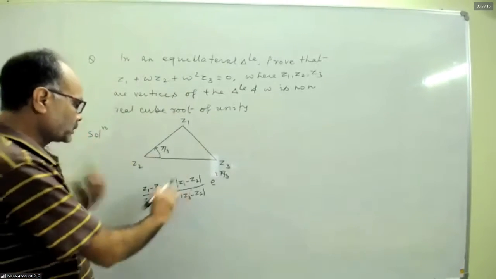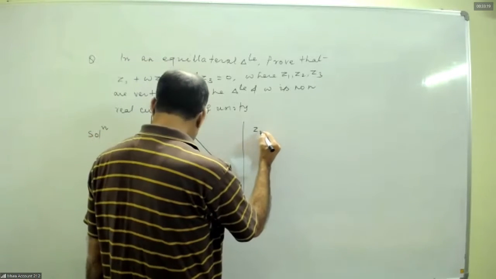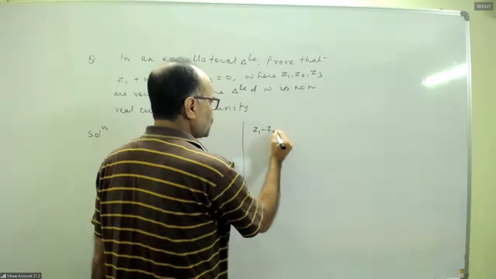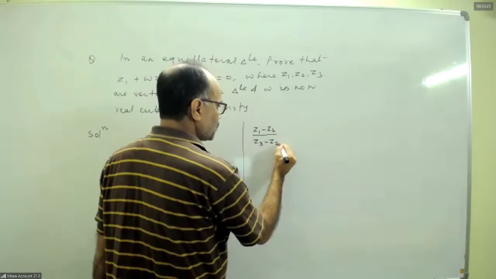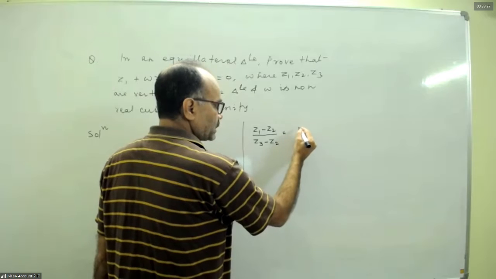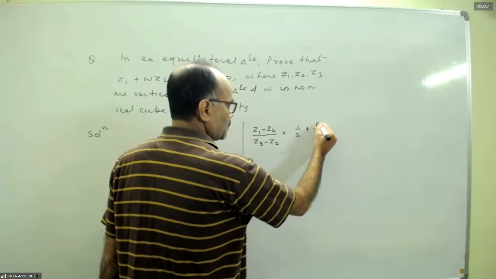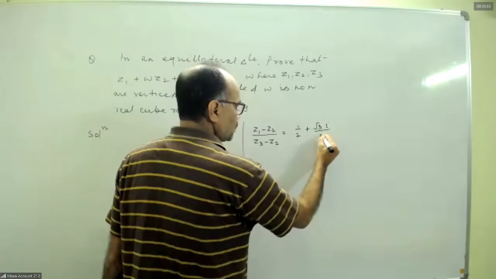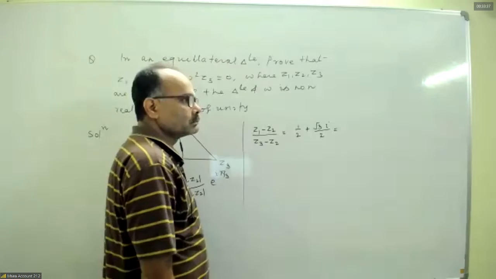So Z1 minus Z2 by Z3 minus Z2 equals e to the power i pi by 3, cos pi by 3 plus i sin pi by 3. That is nothing but minus omega square.